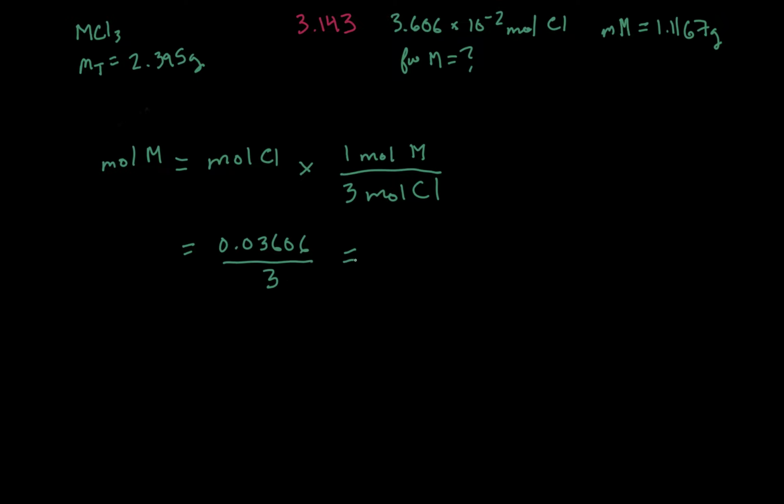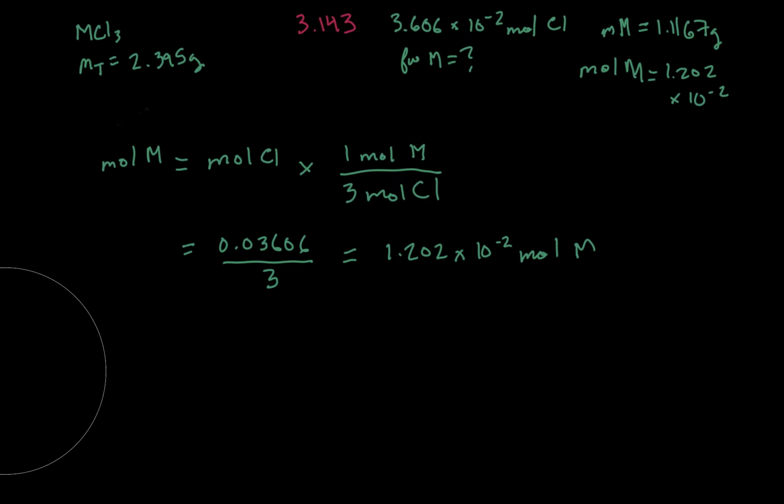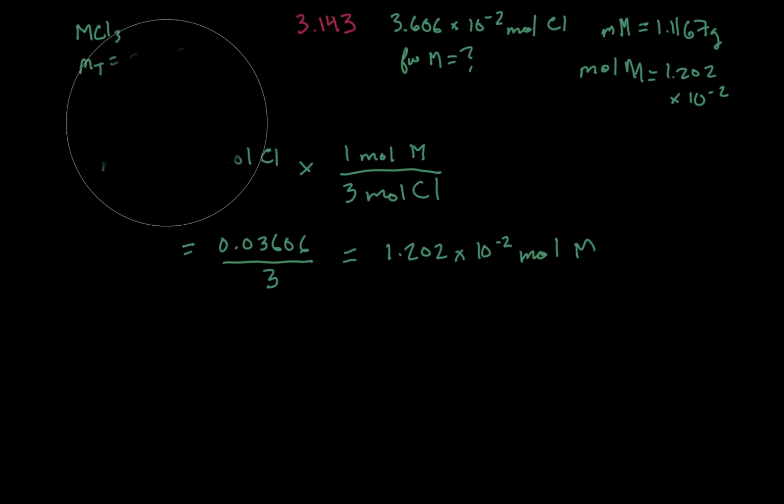And that gives us 1.202 times 10 to the negative 2 moles of M. There we go. We're doing great. Okay, so moles of M is 1.202 times 10 to the negative 2. Okay, now last step. Find the quotient between the two, and that gives us the formula weight.